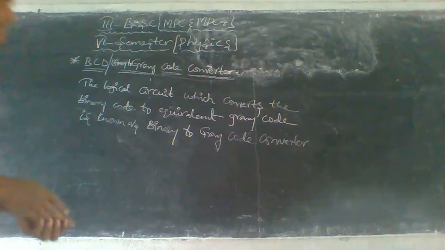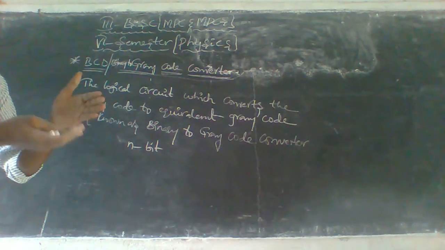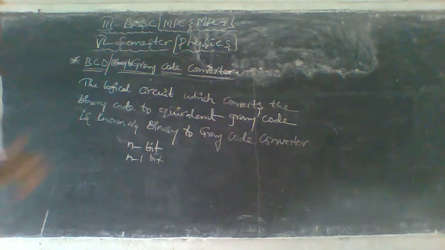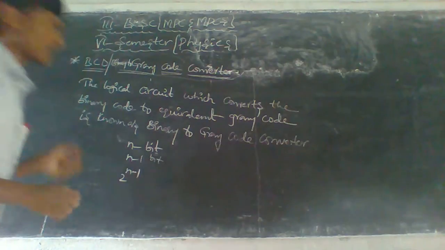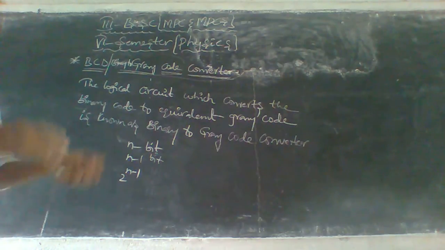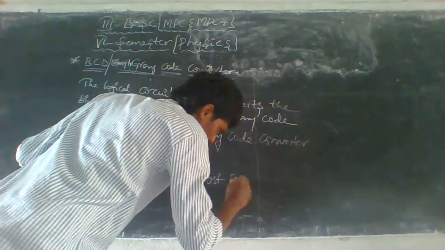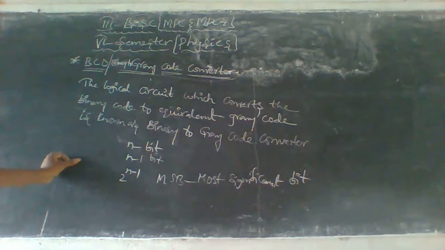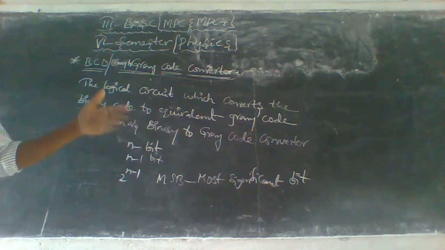An n-bit Gray code can be obtained by reflecting an (n-1)-bit code about an axis after 2 power n minus 1 rows, and putting the MSB, the most significant bit, of 0 above the axis and the most significant bit of 1 below the axis.